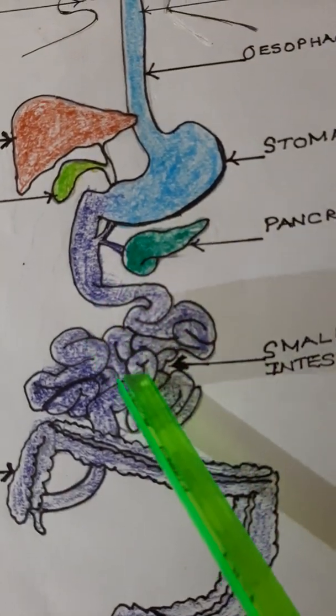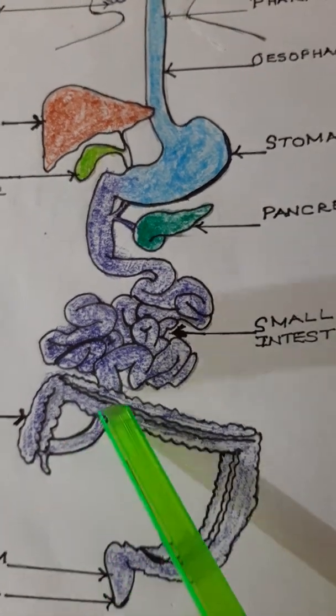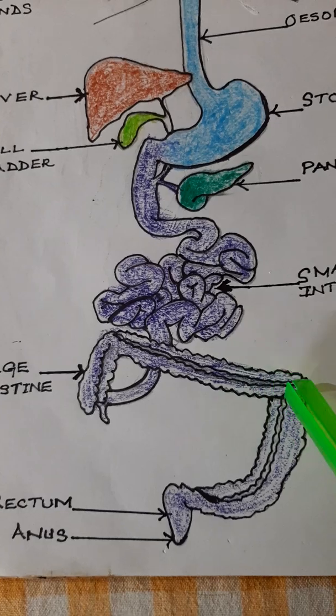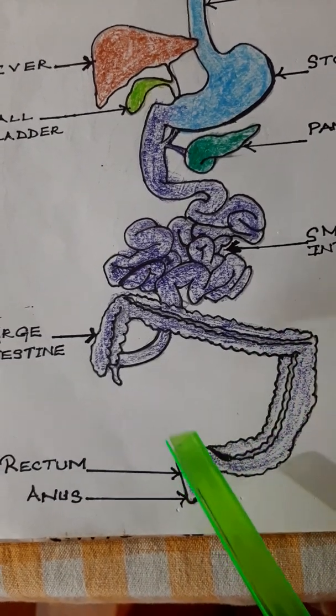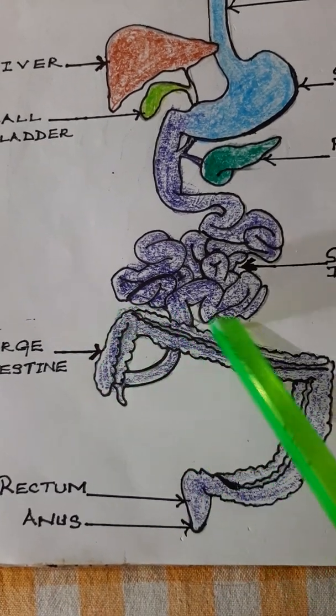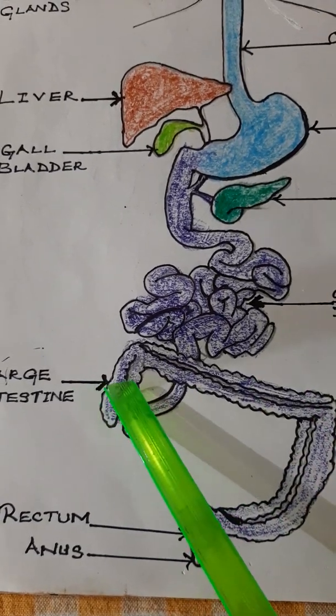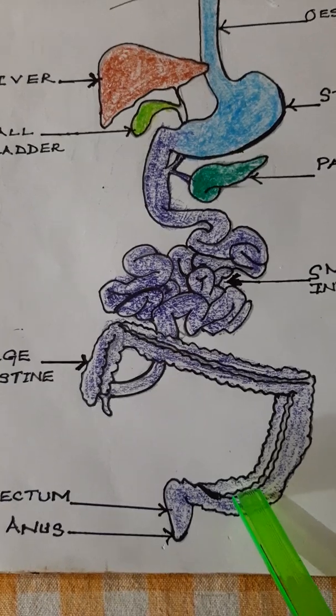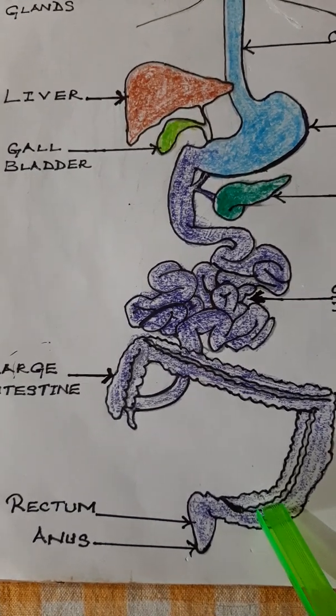From the small intestine, it passes on to the large intestine. This one is the large intestine. It is 1.5 meters long, and it has three parts.